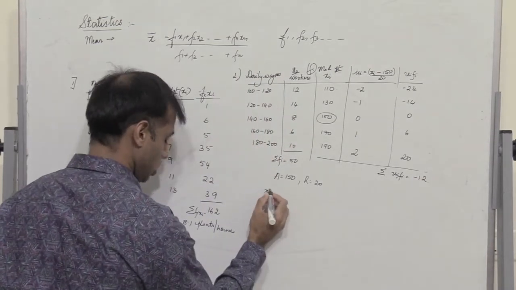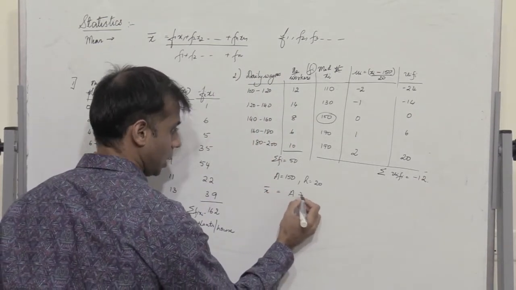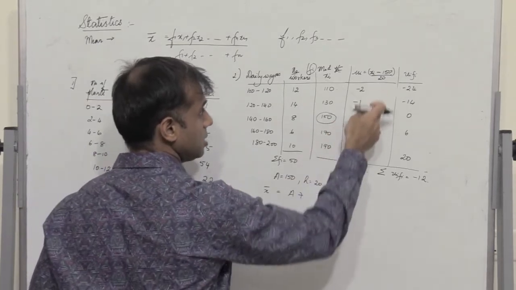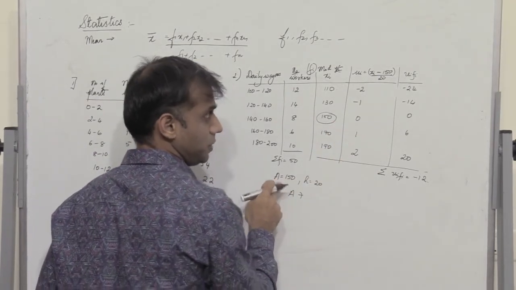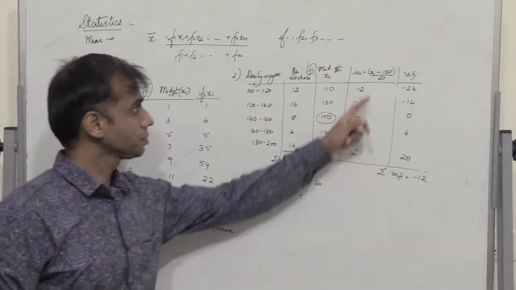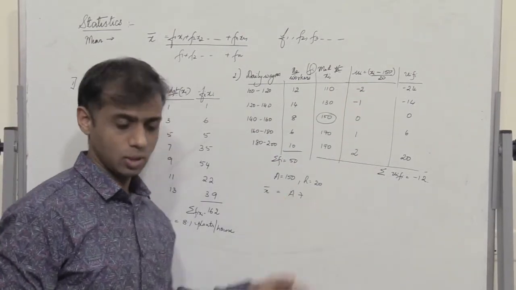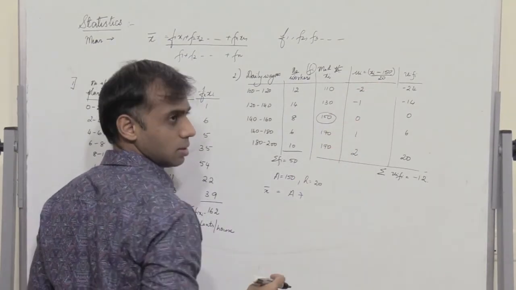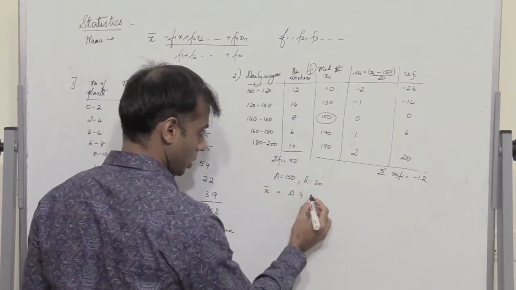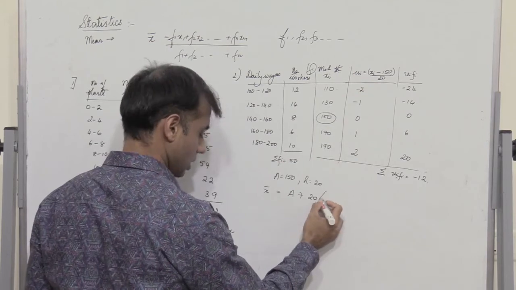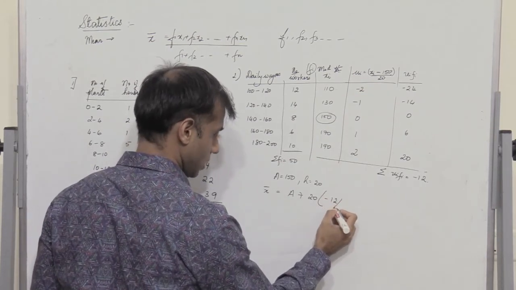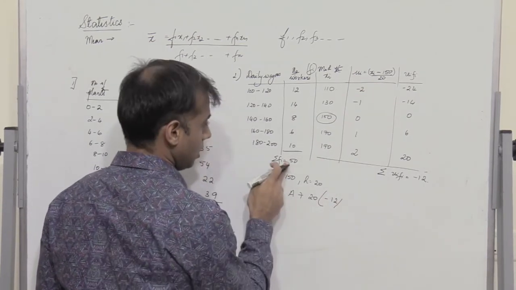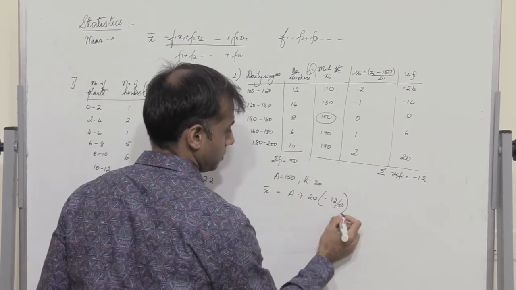So the mean value is given as a plus. Since we have subtracted 150 from the midpoint, we add 150 here, plus we have divided by the interval, so we multiply it into minus 12 divided by fi, which is 50.